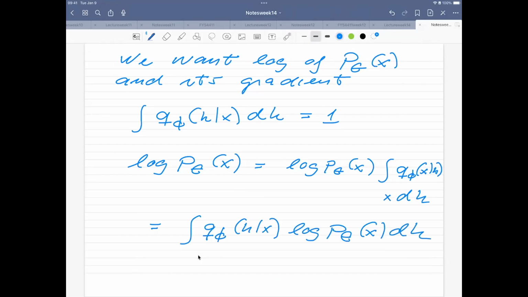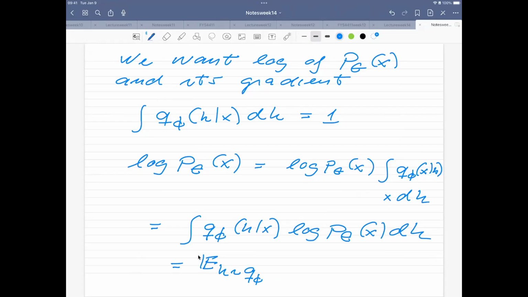This is nothing but an expectation value, because I have a probability times a function. So I can rewrite this as an expectation value where I compute these h's according to this probability q of phi. This is just a notation. It simply means that h is drawn from this specific probability. Obviously, to run these calculations, you need to have a model for it, and I'm coming back to what this model looks like for the q's.